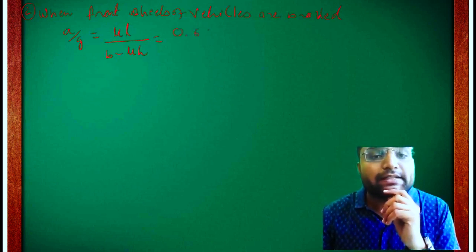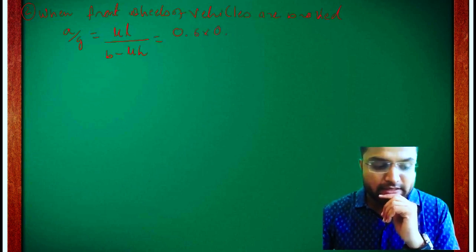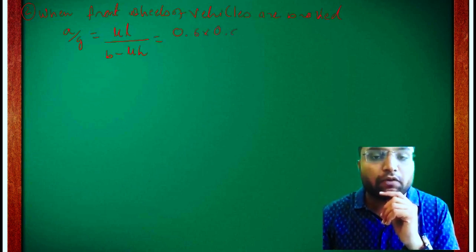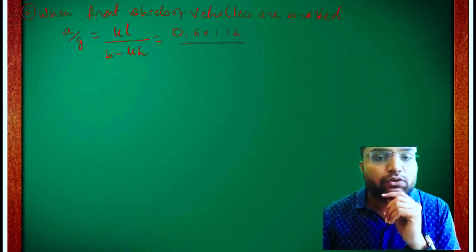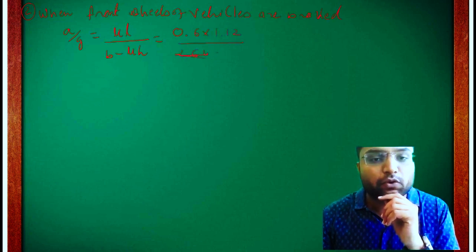So mu is 0.6, h is 0.61, and L is 1.12, divided by 2.64 minus 0.6 into the bracket 0.61.